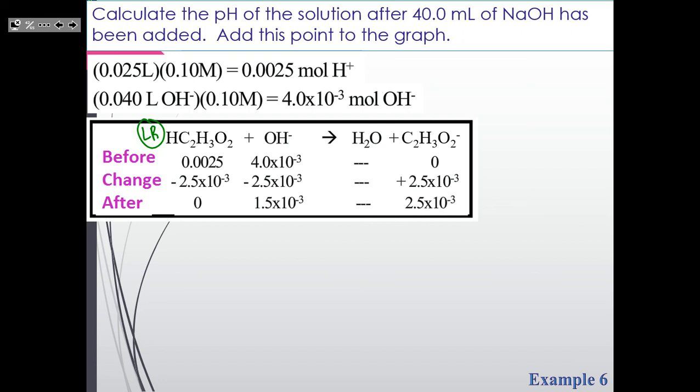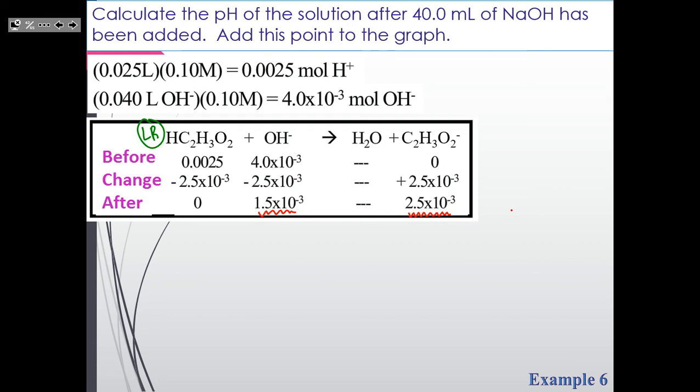And so what we have is 0 for the acid, and we have moles, I keep using concentration, I apologize. This is moles. We have moles of hydroxide and moles of conjugate base. We could go ahead and do a RICE table and figure out how much hydroxide the conjugate base is adding.